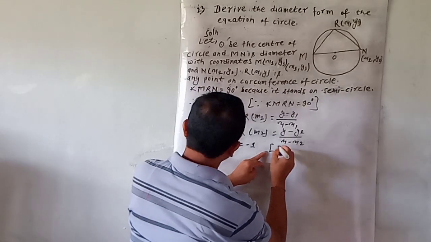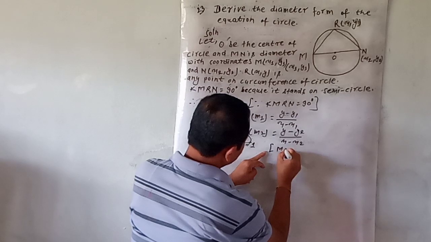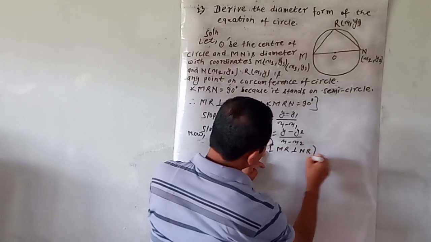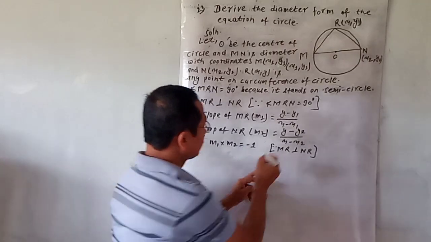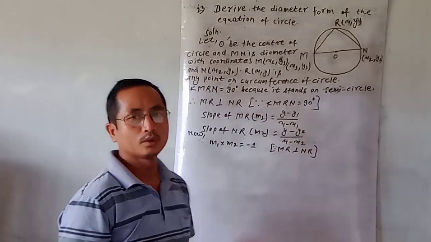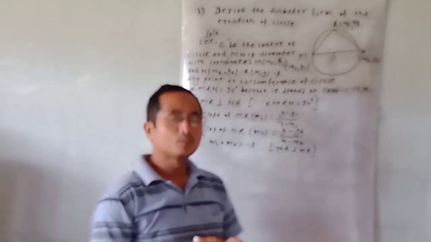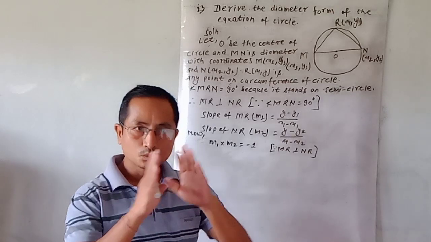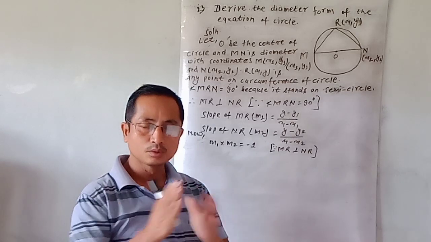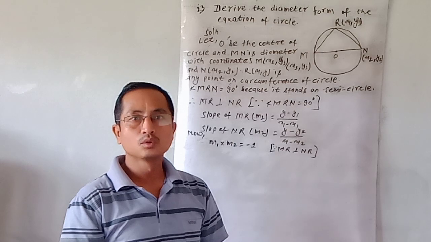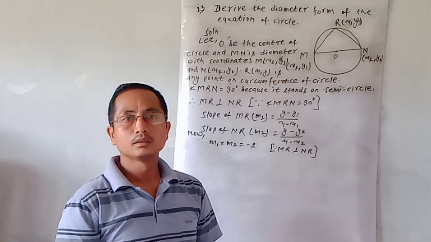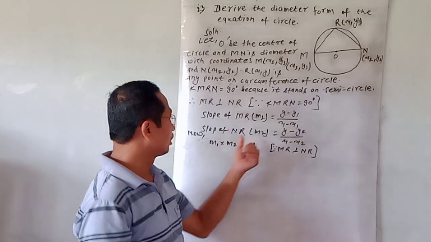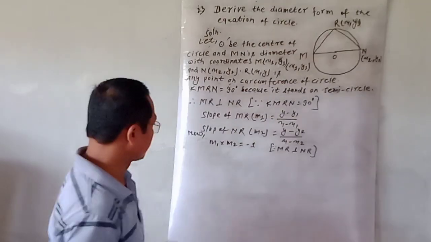Because when two straight lines are perpendicular to each other, the slope of the first line into the slope of the second line is equal to minus 1.